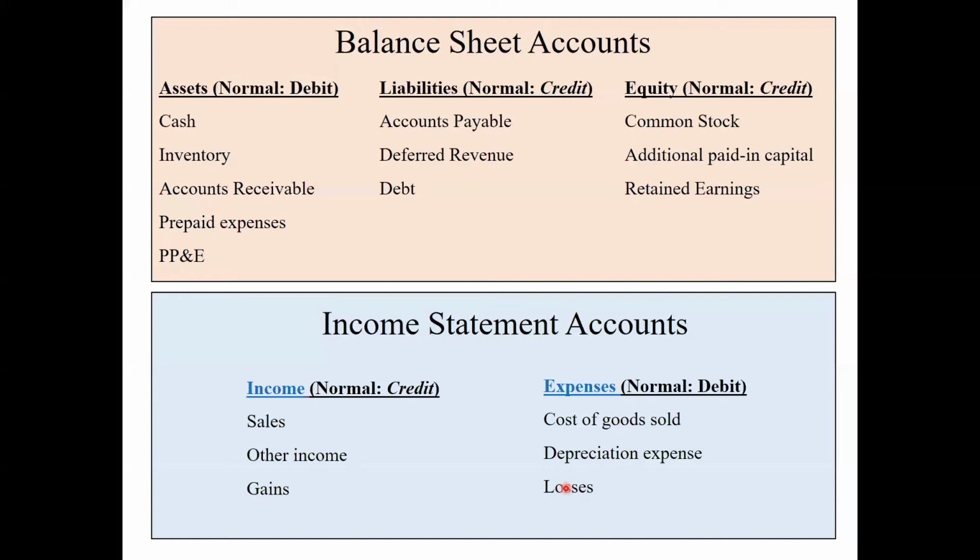So in terms of debits and credits, income, so good things for the business, when good things happen for the business, we credit an income account or an income statement account. Why is it a credit to an income statement account? Well, a credit in the income statement account is closed to retained earnings after each accounting period. So once we measure financial performance for the period, we close all of these accounts into retained earnings.